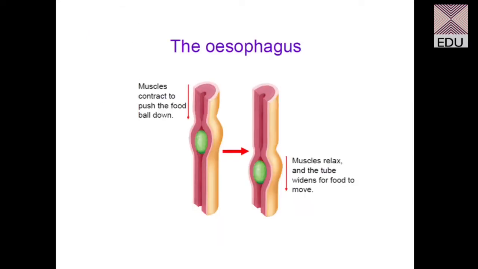So, about the second stage of deglutition, the food will enter the esophagus. Now, the pharynx is the common passage for food and air, but whenever food is swallowed, the glottis helps the food to go to the esophagus and not into the respiratory tract. This is a very important phenomenon.